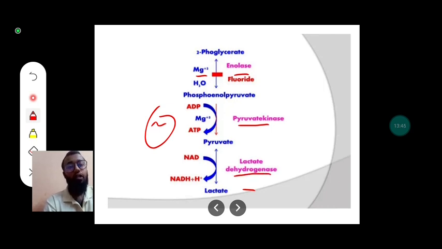So remember students, you have to remember all the enzymes and all the cofactors. If you don't remember the cofactors, you don't have to worry, but remember the enzymes and remember the important reactions. And these important reactions will play crucial roles, like these two substrate level phosphorylation reactions.